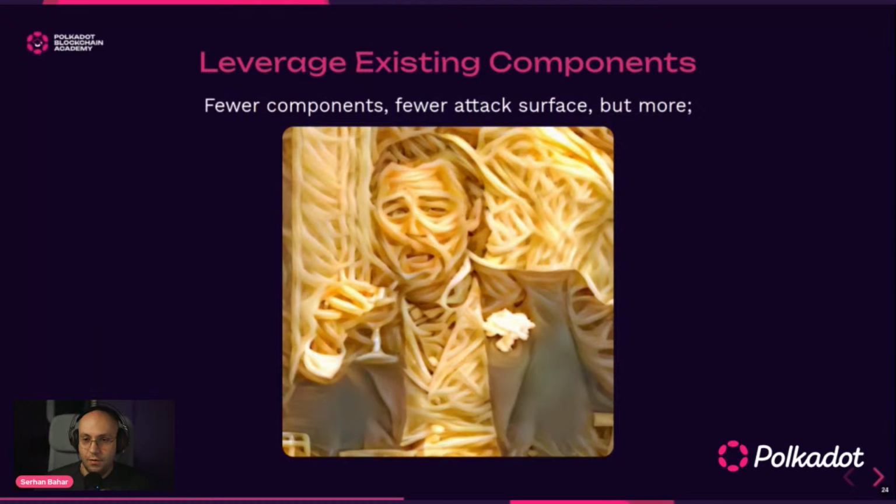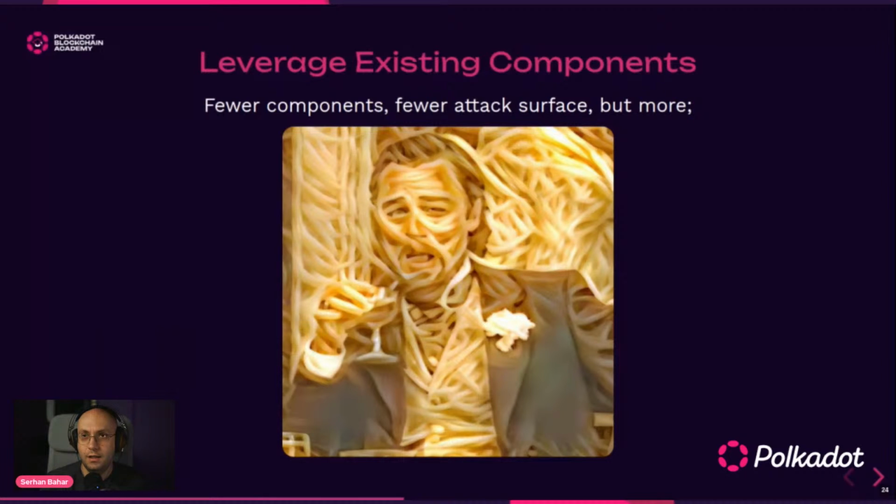So, leverage existing components. It's another controversial topic we have in security related to economy of mechanism and also least common mechanism. So, leverage existing components, fewer attack surfaces, but more spaghetti code, more complicated things. There is another balance here. So, we need to keep it simple and stupid, but if you are trying to send a rocket to Mars, how would you keep it simple? It needs to be complicated.